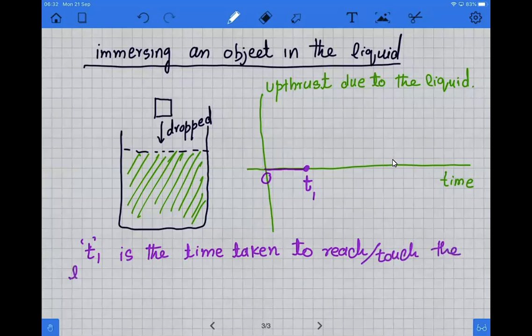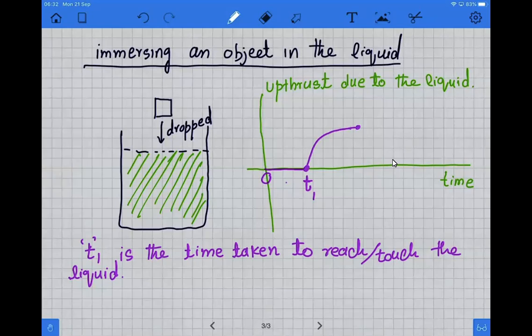So the object comes in contact with the liquid at time T1 seconds. Then as the object is immersed, the upthrust will go on to increase. Yet notice one thing, the speed of the object is decreasing. That's why the rate of increase of upthrust is decreasing, because the object will slow down.